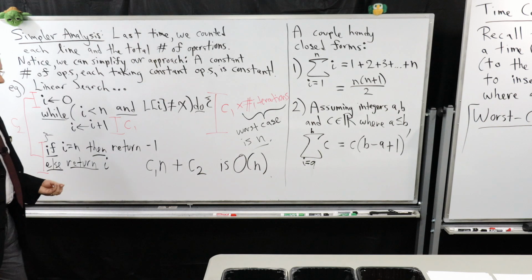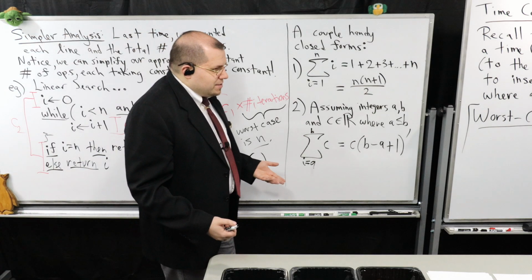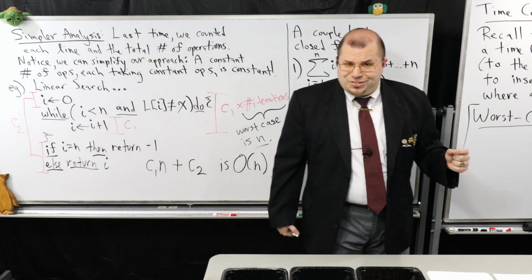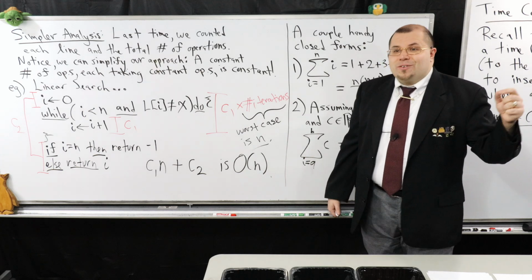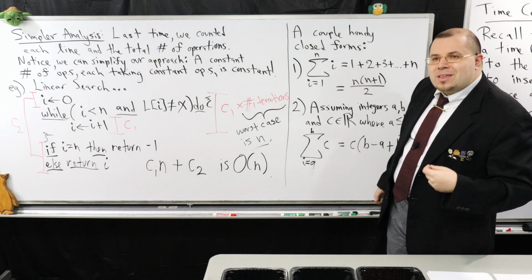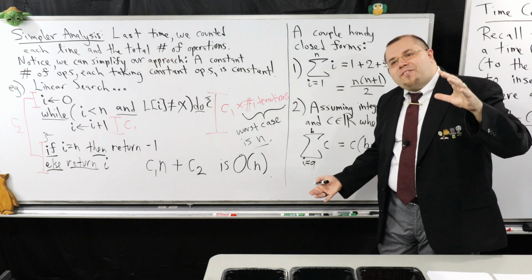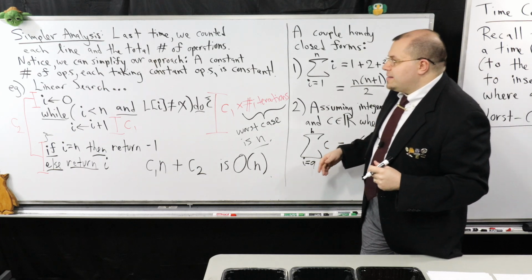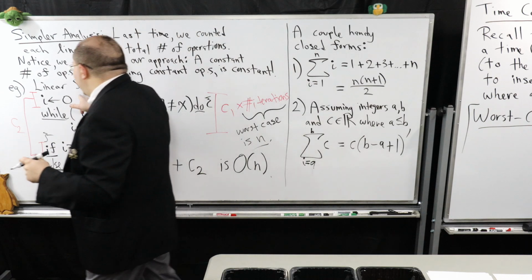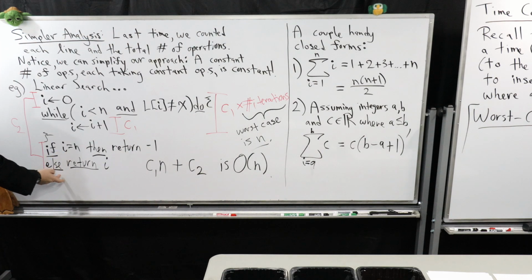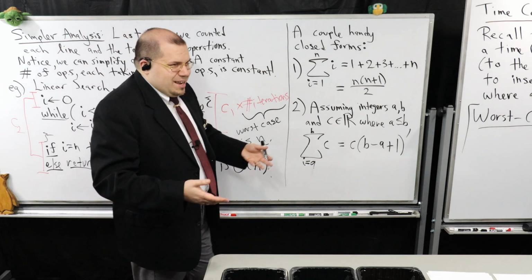And you would agree with me that if I take some constant number of operations, and there's a constant number of those, that's still a constant number of operations. So that's why I'm simplifying down the analysis. Because in our previous exercise, I gave each one of these a name, each one of the number of operations. But remember, all of those are still some constant number of operations. I just gave them a new name.